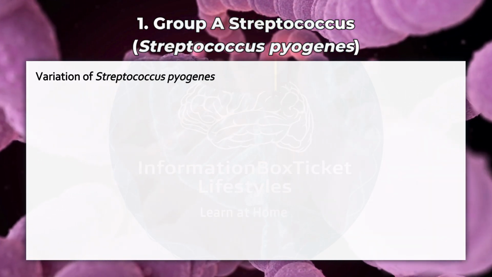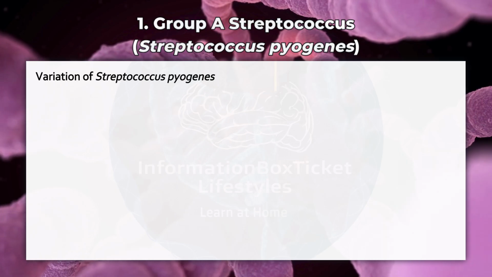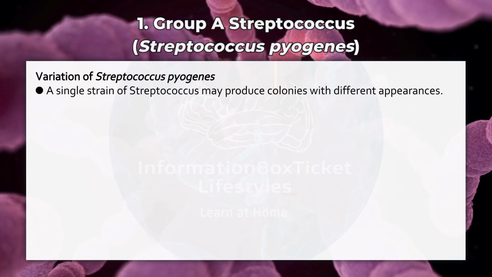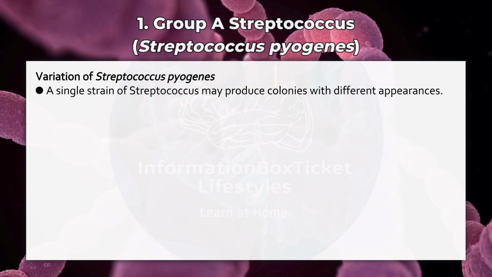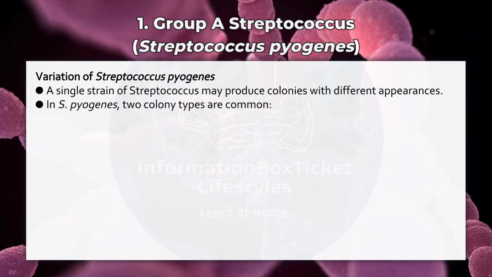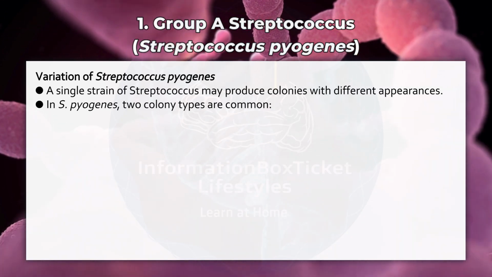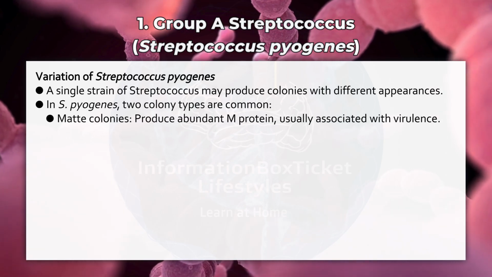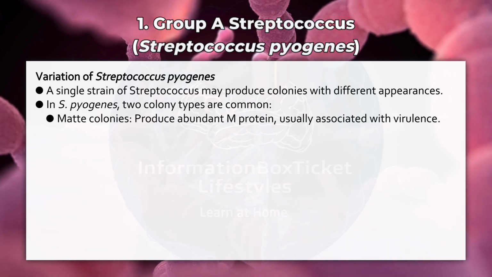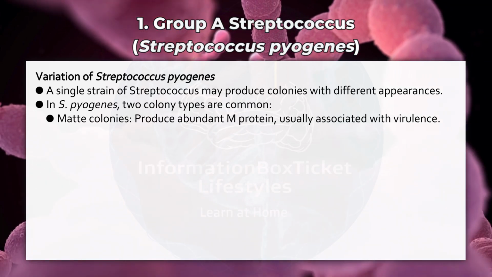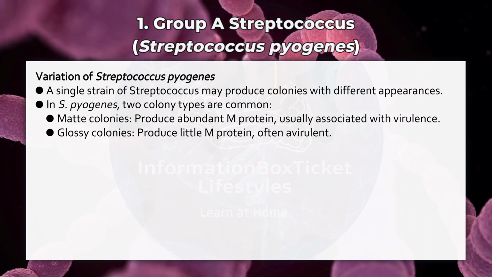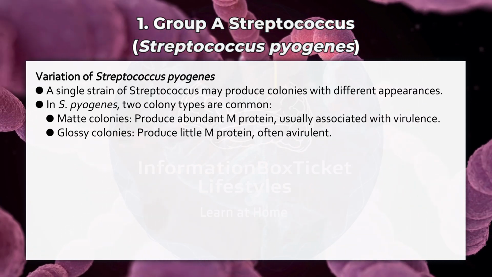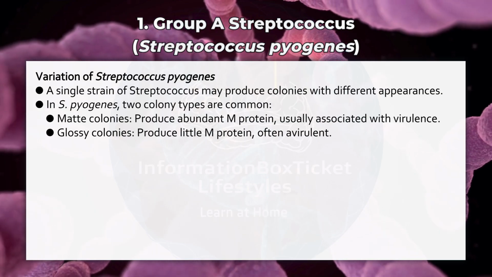Variation of Streptococcus pyogenes: a single strain may produce colonies with different appearances. In Streptococcus pyogenes, 2 colony types are common. Matt colonies produce abundant M protein, usually associated with virulence. Glossy colonies produce little M protein, often avirulent.